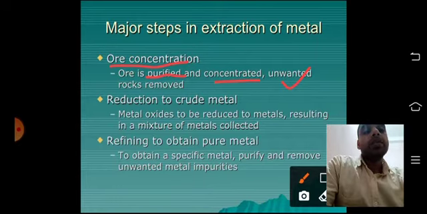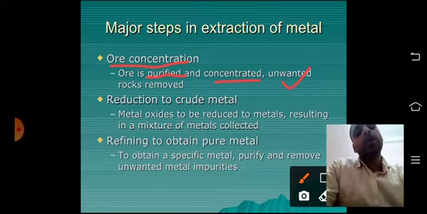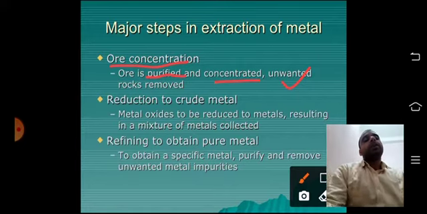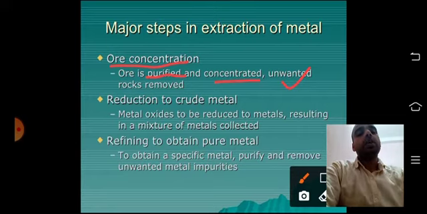One more special term used is enrichment of the ore, where the same thing happens: gangue particles are removed. Then comes reduction to crude metals.